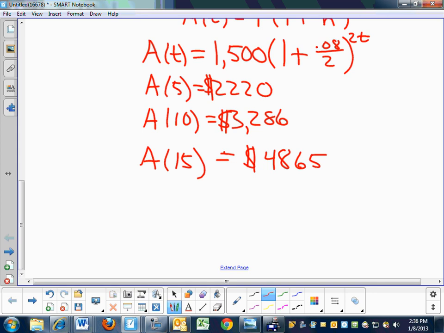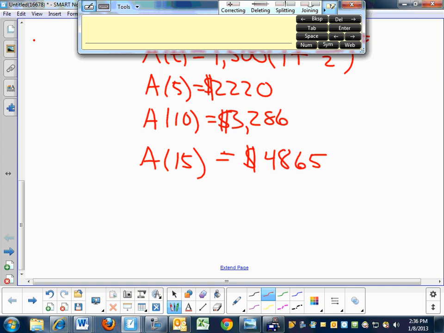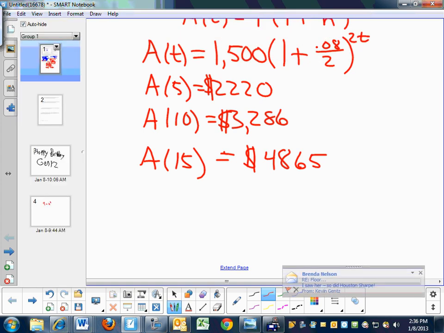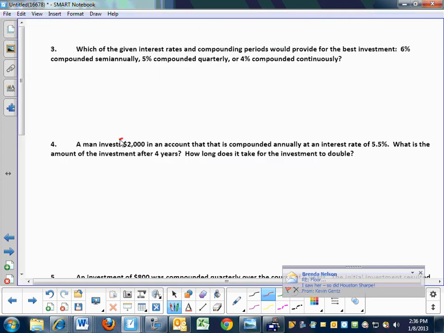Let's try something that might be a little bit more difficult from here as you get to your assignment. Flip it over. Okay, it says, which of the given interest rates and compounding periods would provide the best investment? 6% compounded semi-annually, so twice a year. 5% compounded quarterly, so 4 times a year.